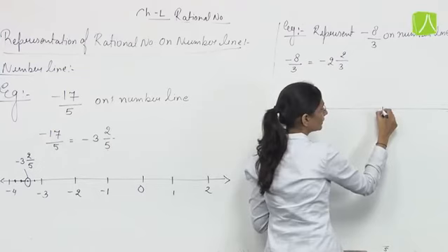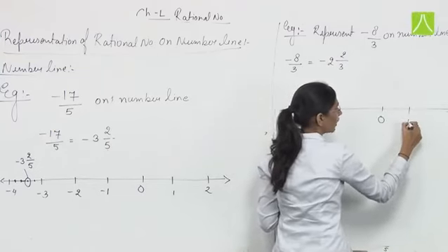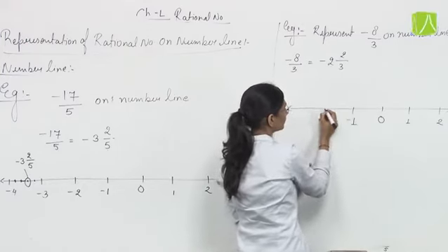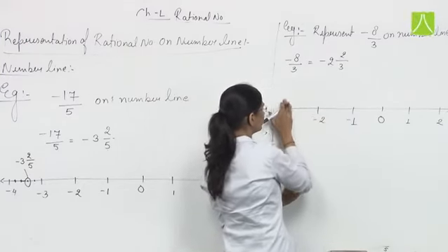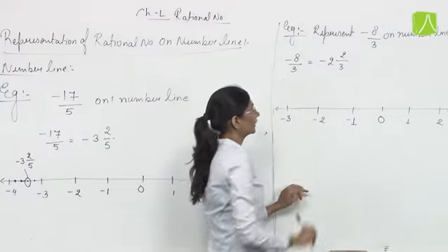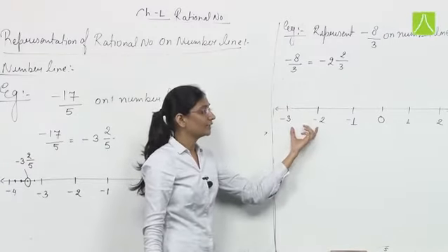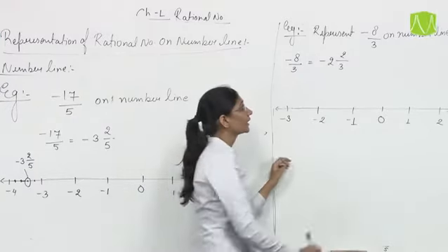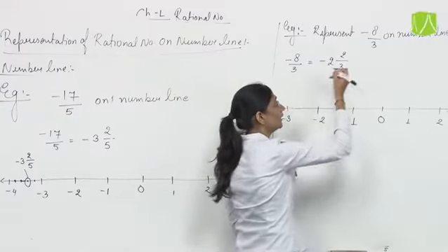Here is the number line: 0, 1, 2, minus 1, minus 2, minus 3. The negative rational number will lie between minus 2 and minus 3. Denominator is 3.